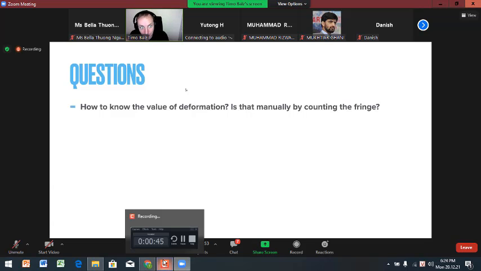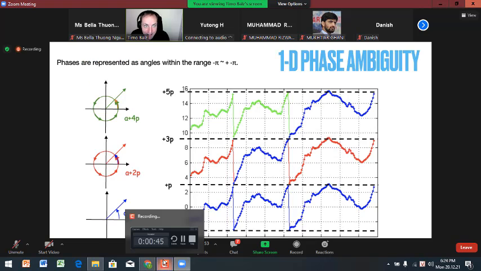But otherwise, what we then do is phase unwrapping. The same that we use for DEM generation, we also use for DInSAR. We can unwrap these phases with the phase unwrapping process. And then we get to the unwrapped phase, which we would then use to measure the deformation, right?